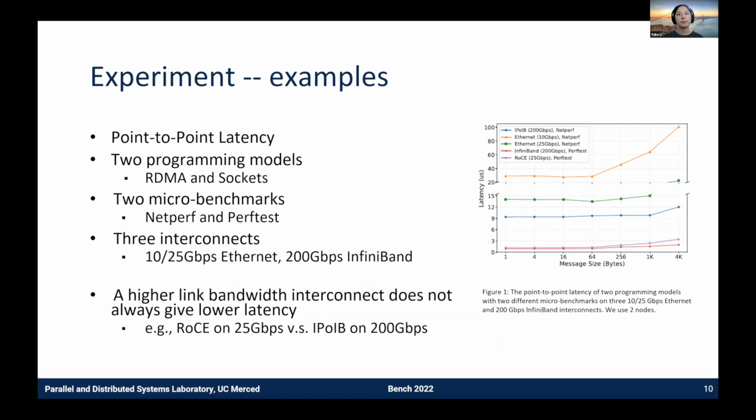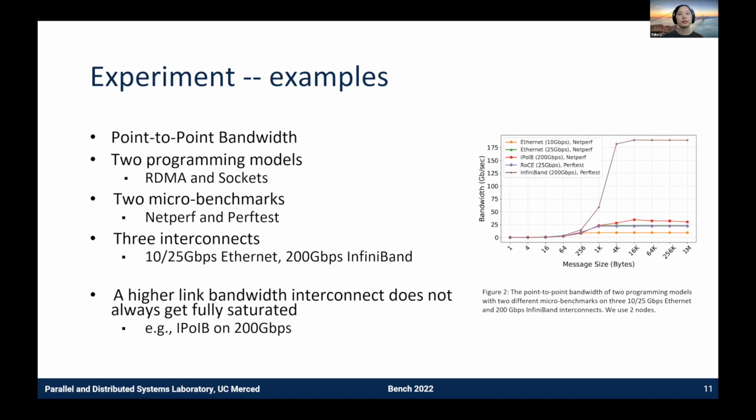Through the performance comparison, we can see that an interconnect with higher link bandwidth does not always give you lower latency. For example, consider the latency comparison between RoCE on 25 gigabit per second Ethernet, which is the purple line in the figure, and IPoIB on 200 gigabit per second InfiniBand, which is the blue line in the figure.